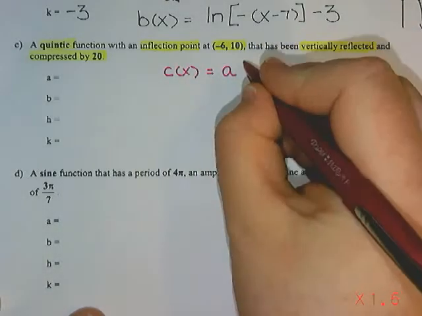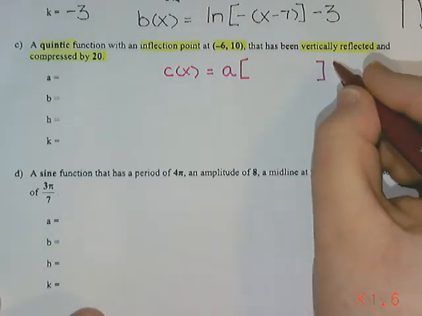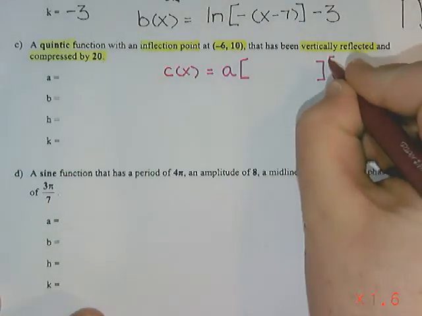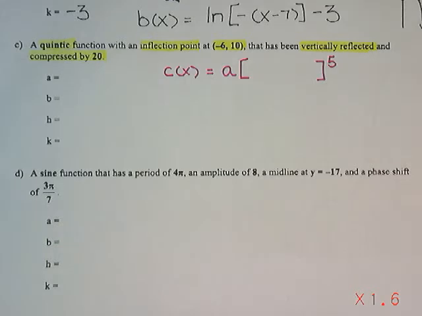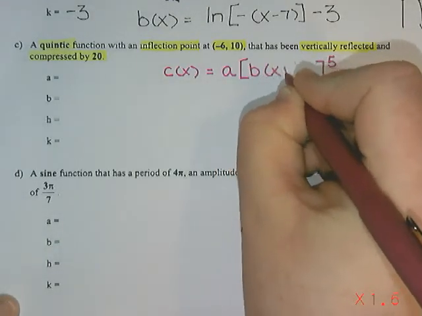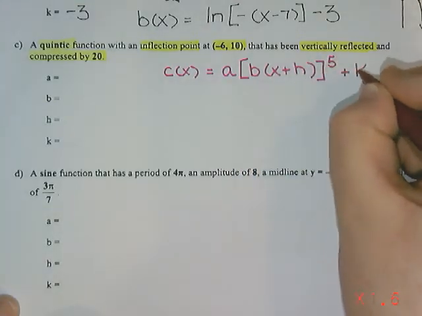Now for power functions, they have a bracket with an exponent. And in this case, the exponent is going to be 5 because quintic means 5. And then inside of that bracket, we're going to have our b and our x plus h. And then at the end, we're going to have our plus k.